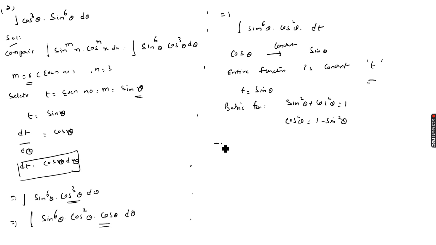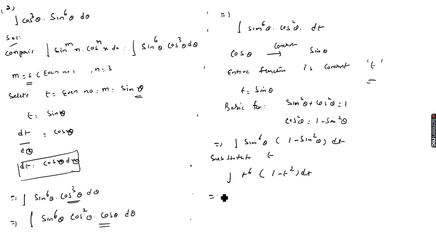Therefore we get sin power 6 theta into 1 minus sin square theta into dt. Substituting t, we get t power 6 into 1 minus t square into dt.